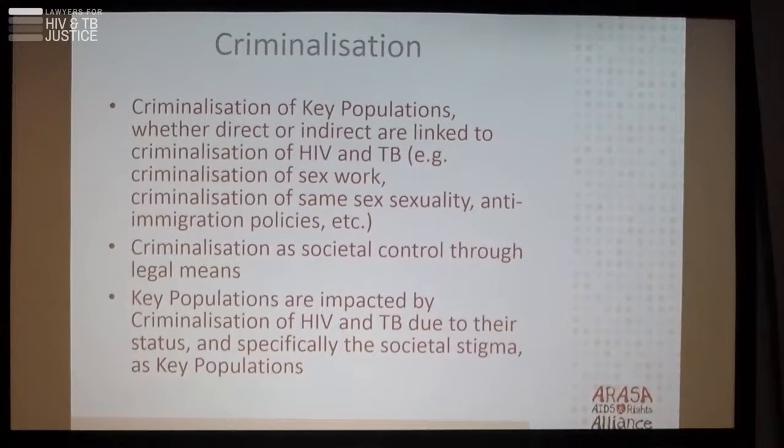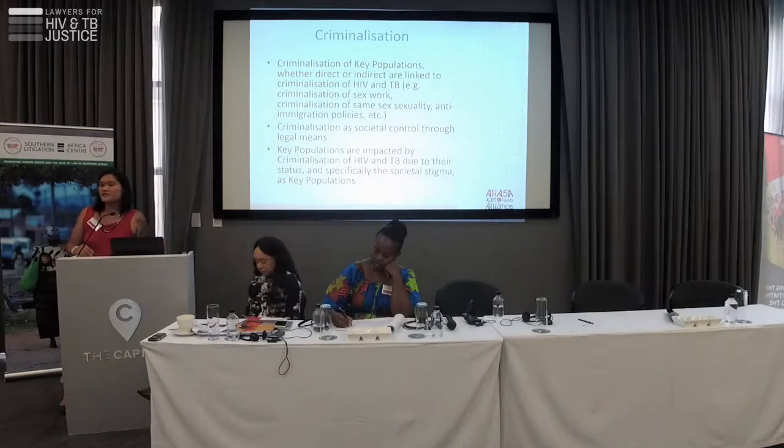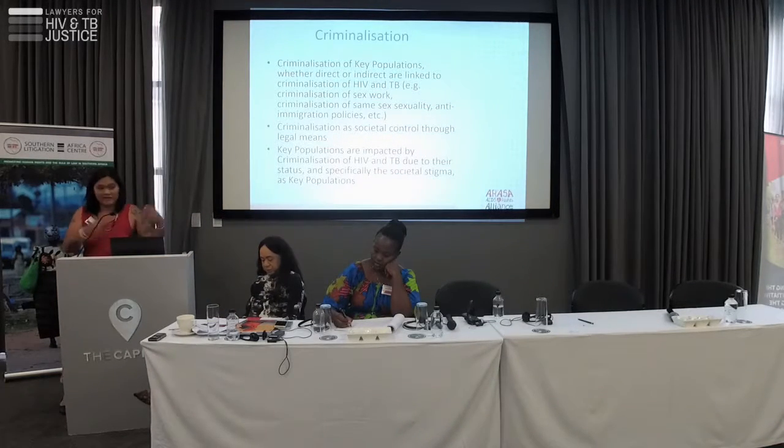Or they are criminalized because they are a sex worker, because a lot of transgender women do sex work because they can't get a job. So there's indirect criminalization because of who you are as well. And often the criminalization that you face as a key population is linked to the criminalization you face based on HIV.